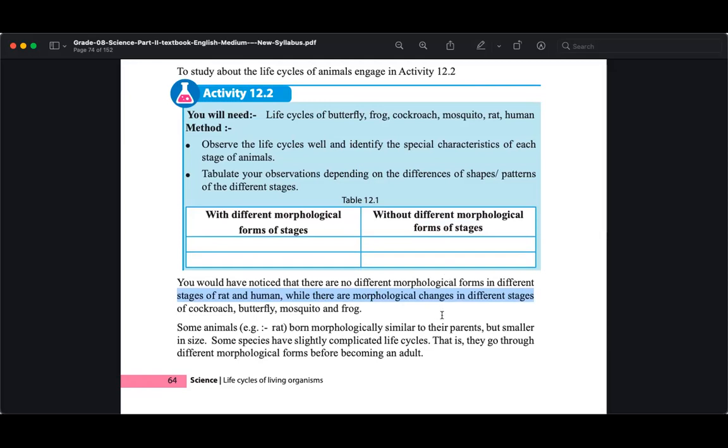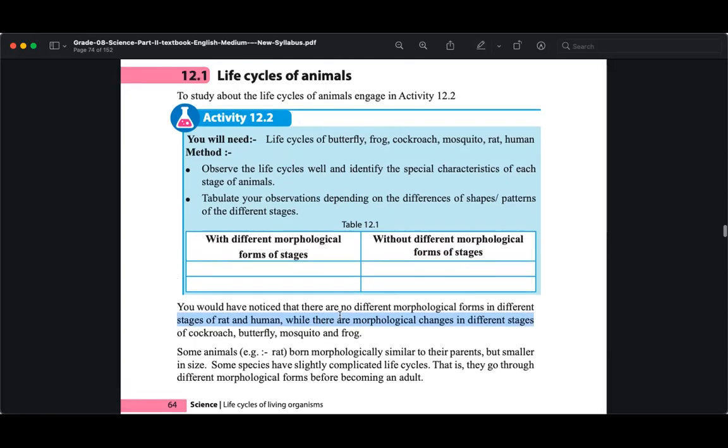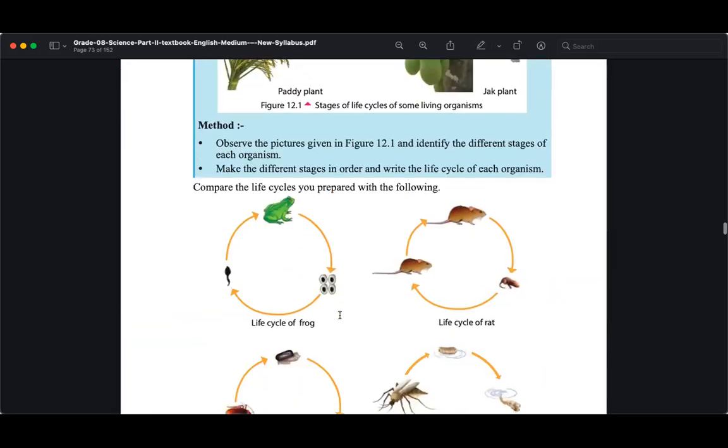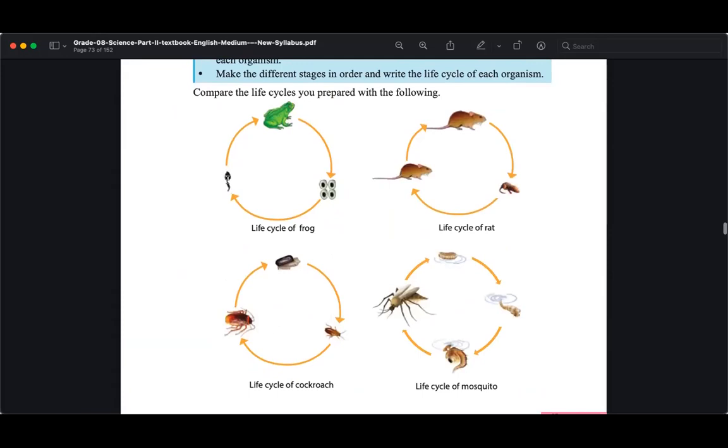But if you see the cockroaches, butterflies, mosquitoes and frogs, in some stages they don't look like the particular animal. We can identify them as two animals sometimes. If you don't know properly, you will think so initially. Actually, in my childhood, I thought this was a different animal.